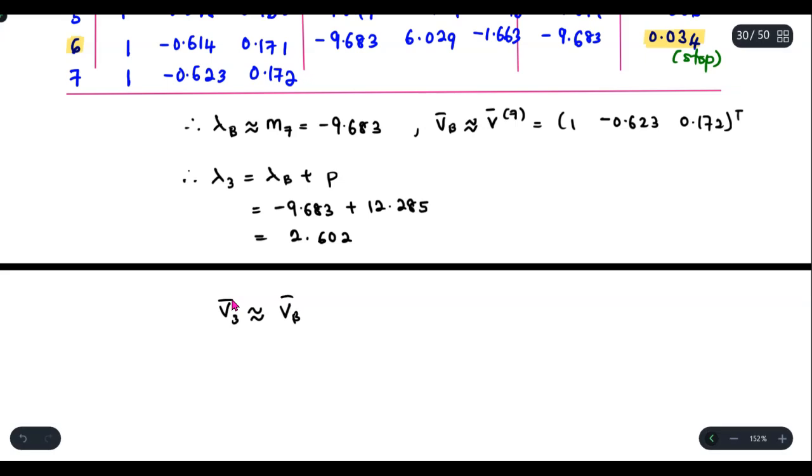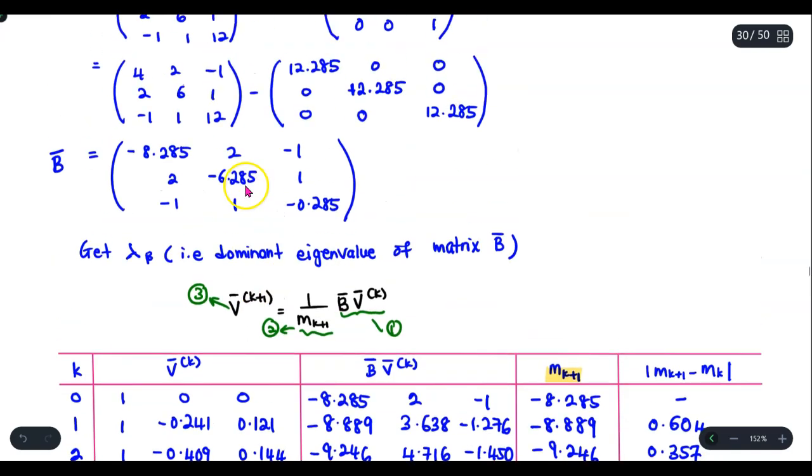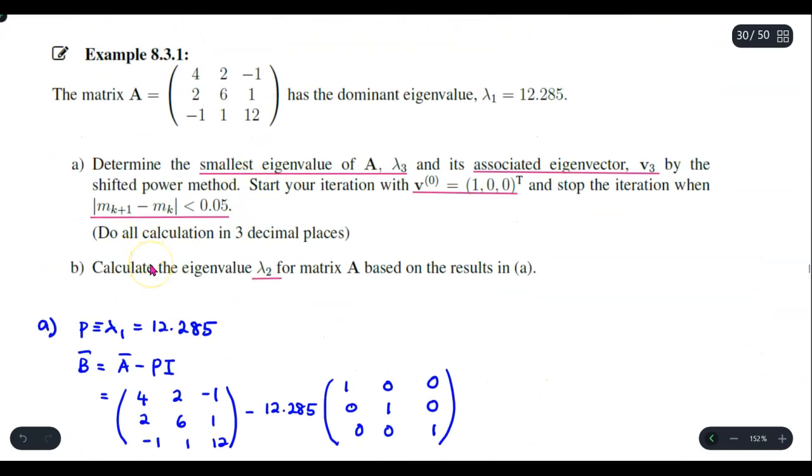So your VB is 1, negative 0.623 and 0.172 transpose. That's your solution for question A. Now, for B, what is B? B: calculate the eigenvalue lambda 2 for matrix A based on the result in A.